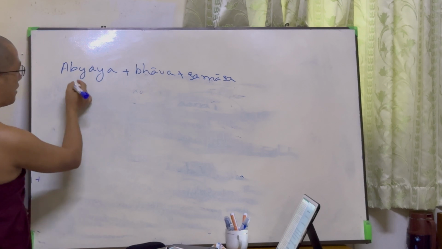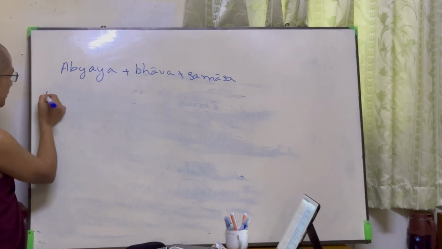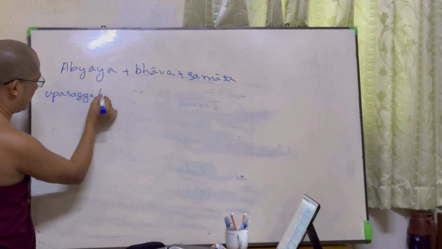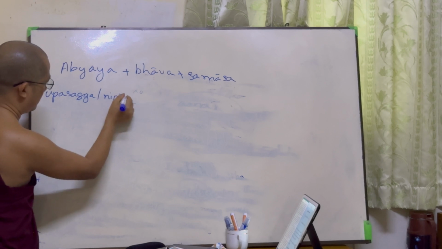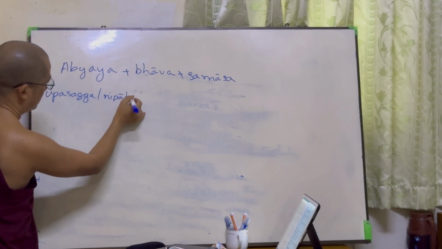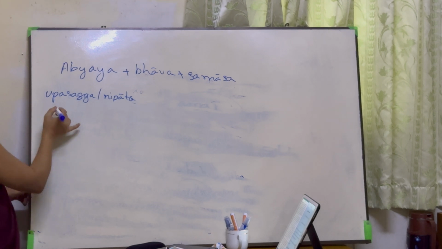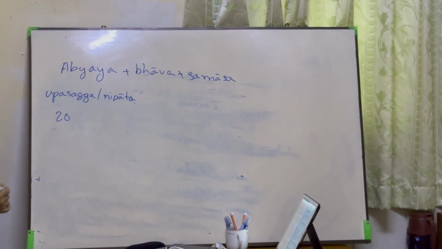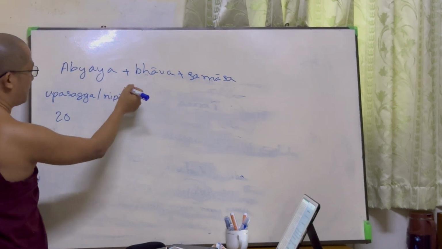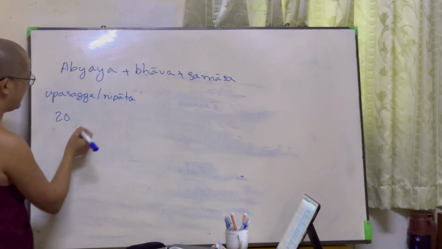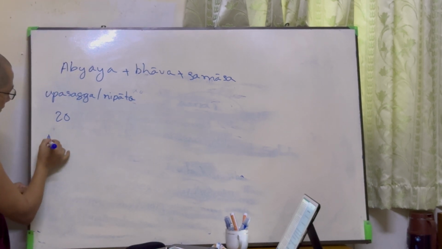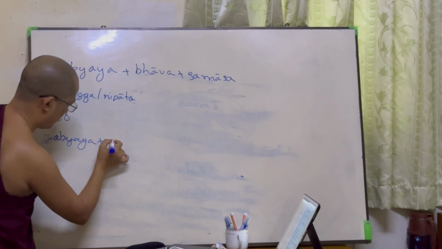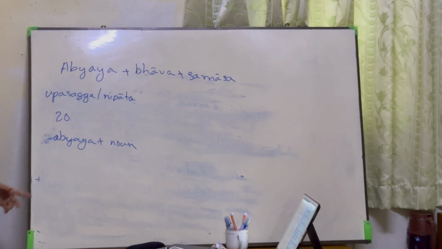Okay. Abyaya means the prefix. Upasagga and nipāta. Upasagga, we have twenty. Nipāta, countless, so many, we cannot count nipāta. Abyayībhāva Samāsa is abyaya plus noun.